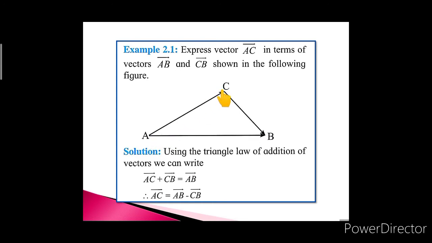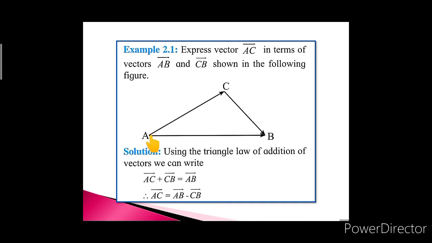Vector AC is added with vector CB, and hence the addition of these two vectors will be represented in magnitude and direction by the third side of the triangle as per the triangle law of vector addition. The resultant starts with the starting point of the first vector and ends at the ending point of the second vector.